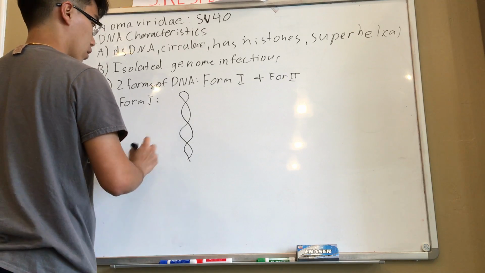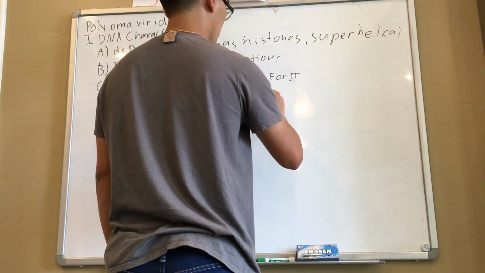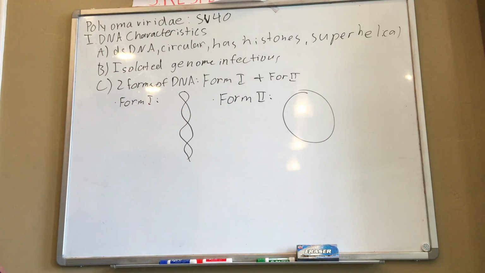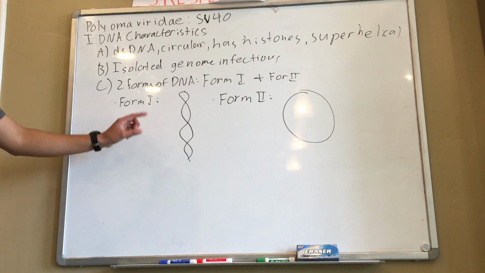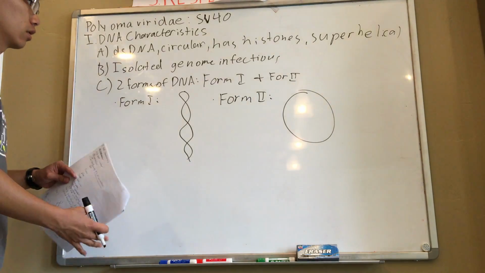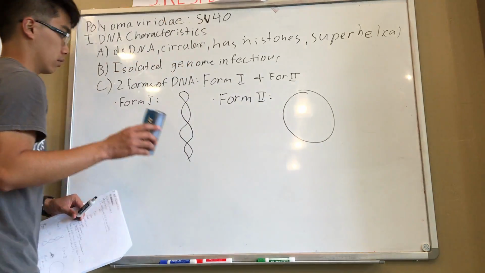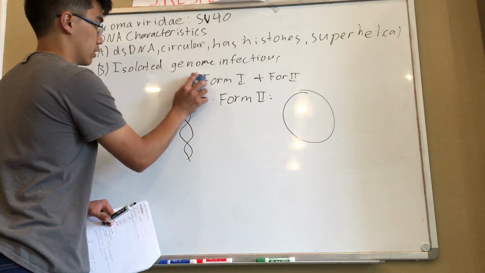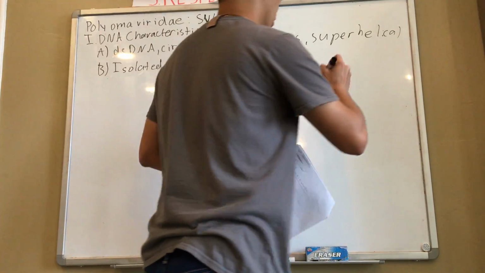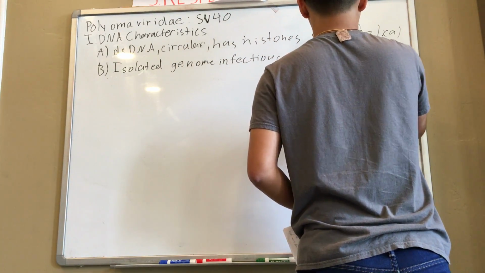Normal superhelical. Form 2 looks like that. So write this down. Take note of this because we're going to go into how you can actually isolate out SV40. So I'm just going to erase this tiny portion right here. On the side, I'm going to redraw that picture. 1, 2.